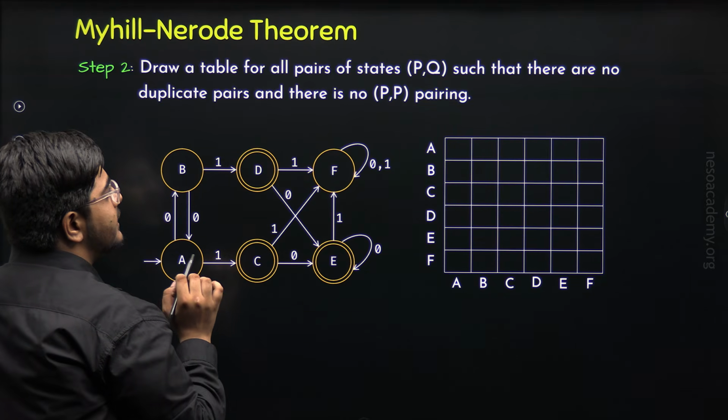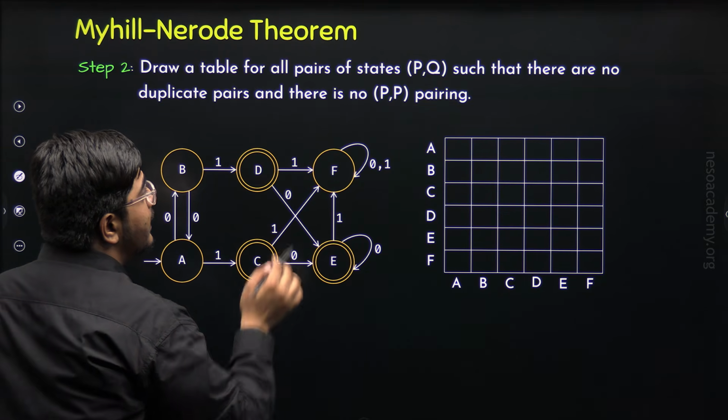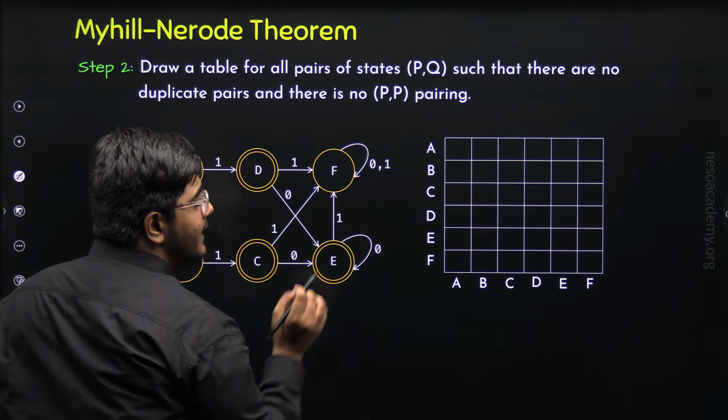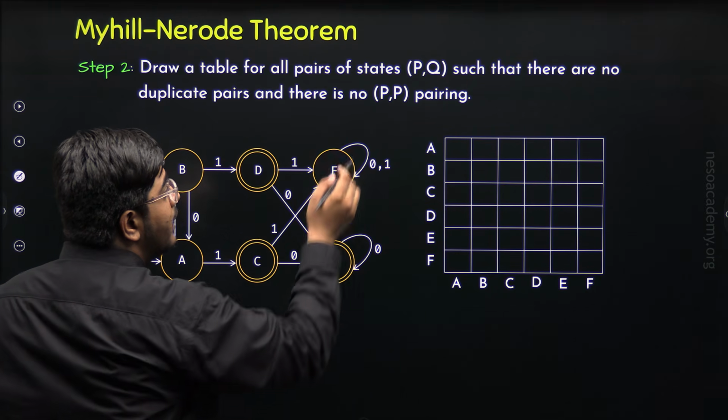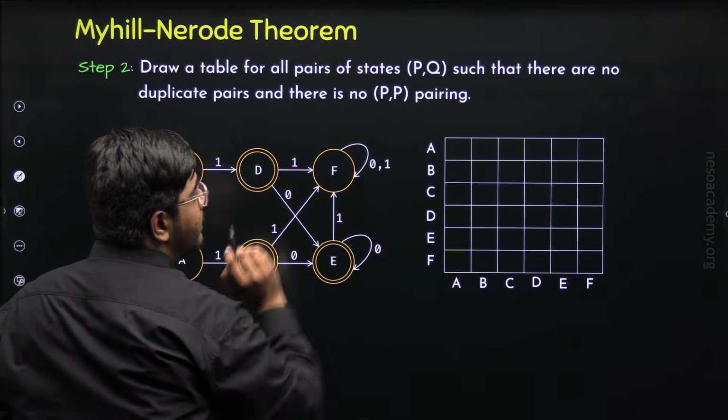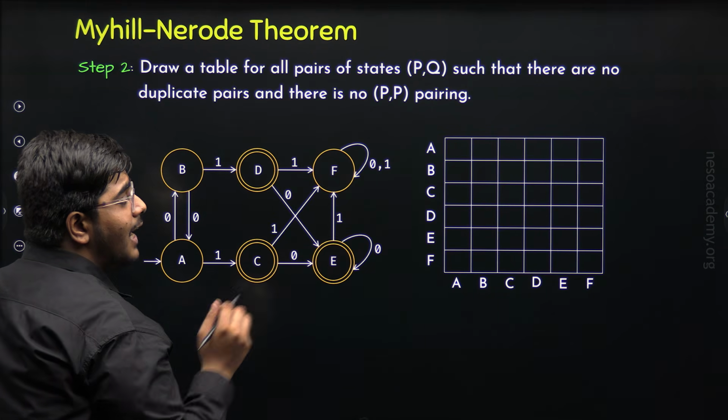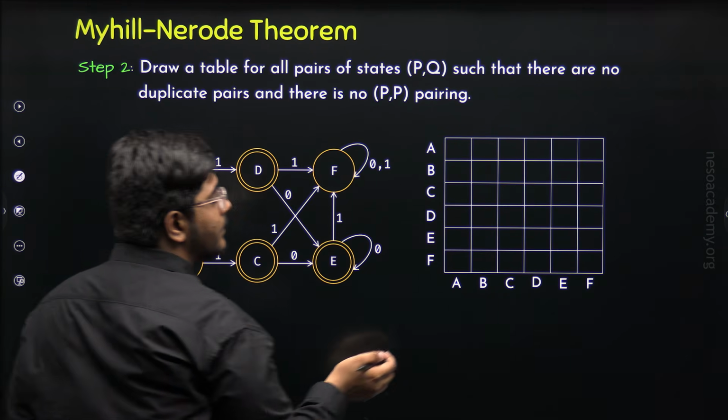And according to this step, in this particular table, we need to eliminate all the cells that represent pairs like this, P, P. So let's start eliminating such cells.